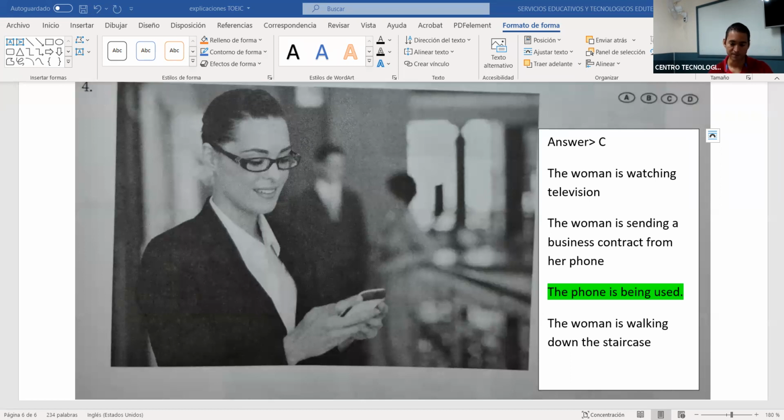By the way, people, the first 4 pictures, we did the first 4 pictures. So you keep doing the remaining pictures. Let me see here, I told you, 30 pictures.